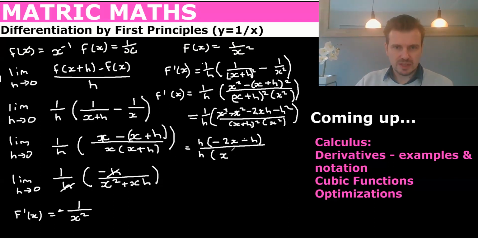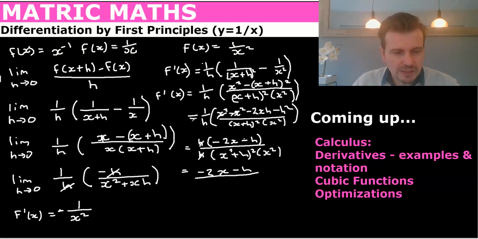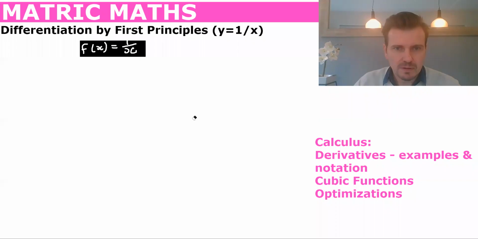This bottom we can keep as x plus h squared times x squared. Okay, and now these go away. And so we end up with negative 2x minus h all over. Now, we need to write here limit as h tends to 0 on all of these.